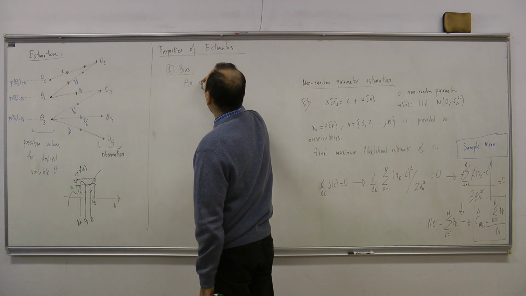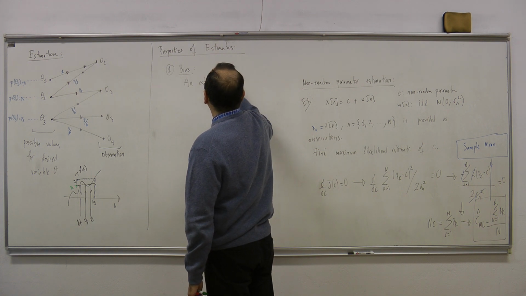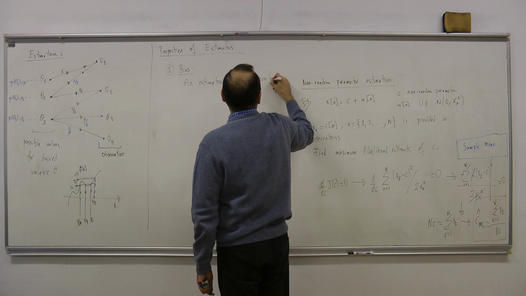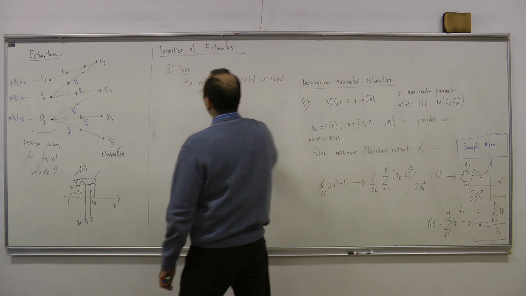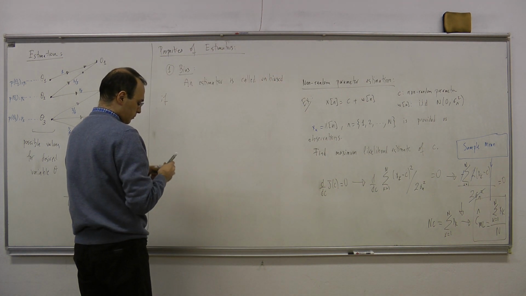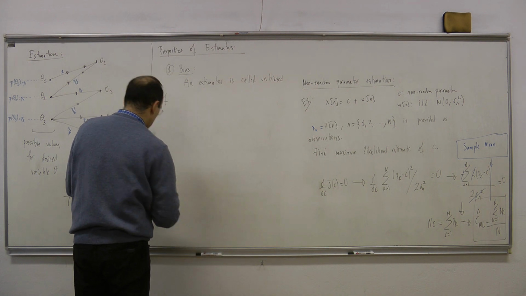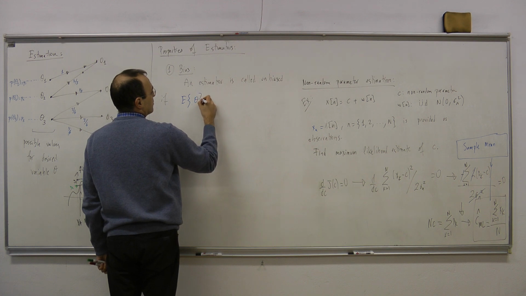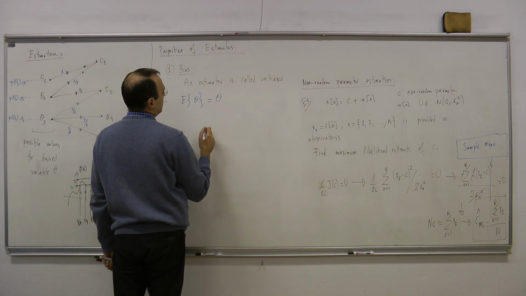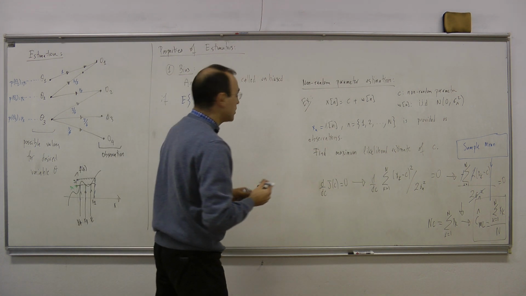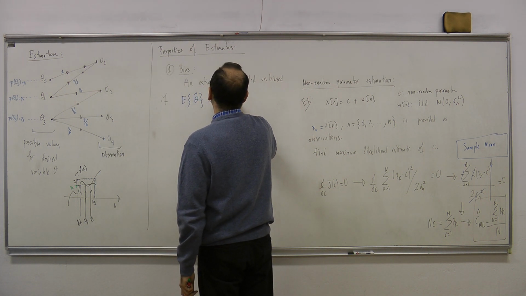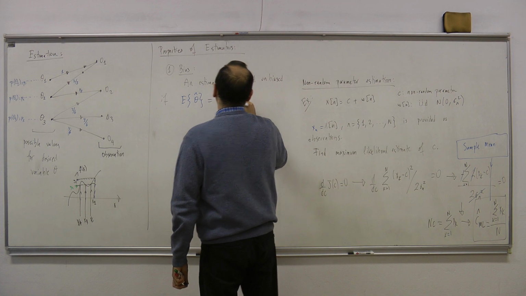An estimator is called unbiased if the expected value of theta hat is equal to the expected value of theta.